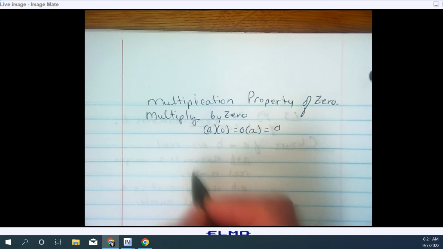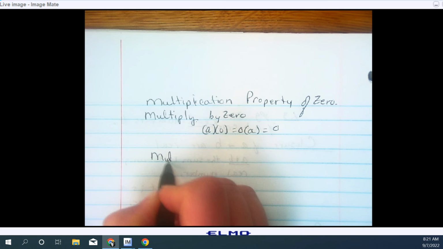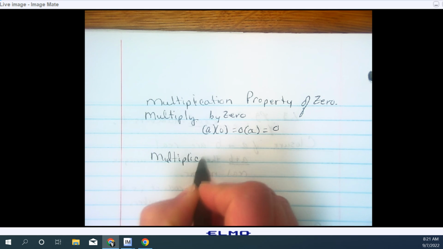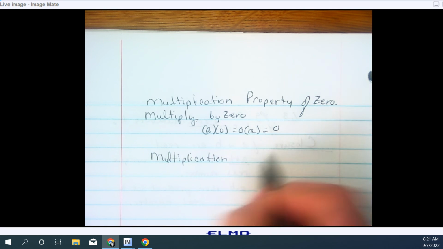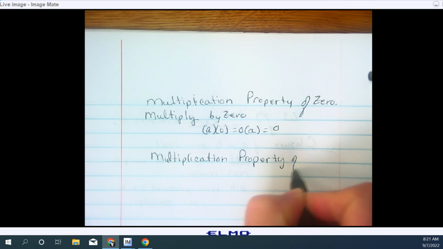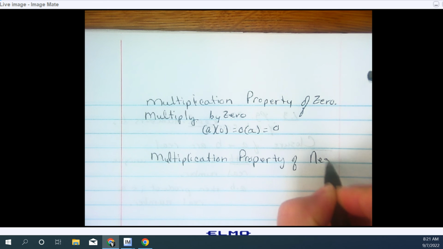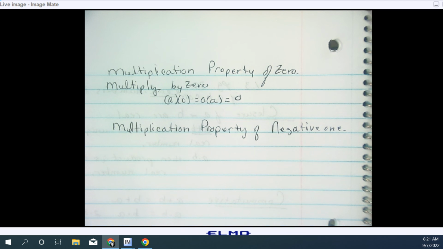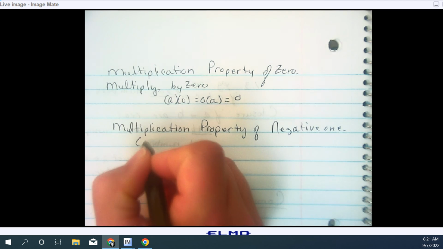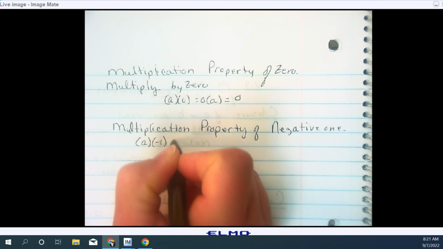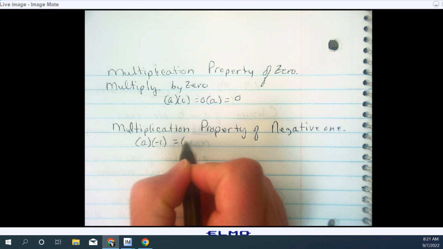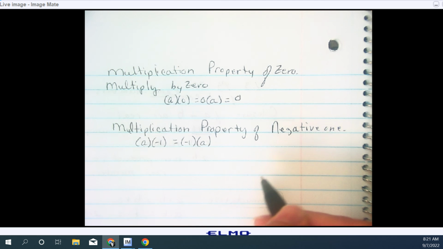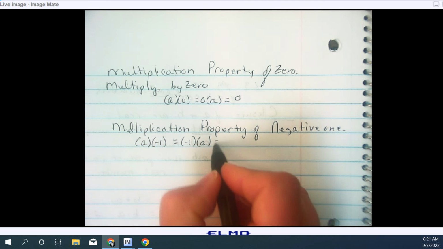And here's another one. We've got the multiplication property. So what operation am I doing? Multiplying. And what am I multiplying by? -1. Yeah. So the multiplication property of -1. So if I have a number and I'm multiplying it by a -1, and -1 times a is that commutative property, then what am I going to get?